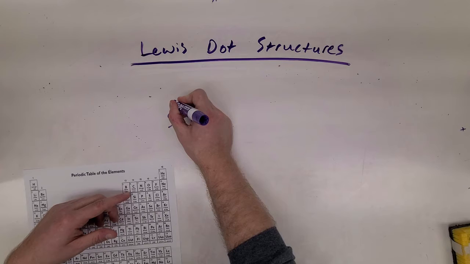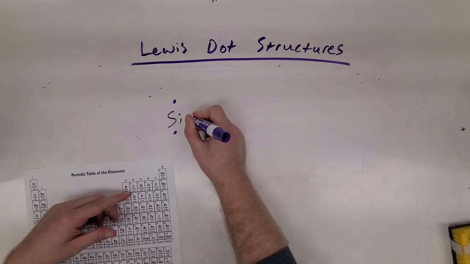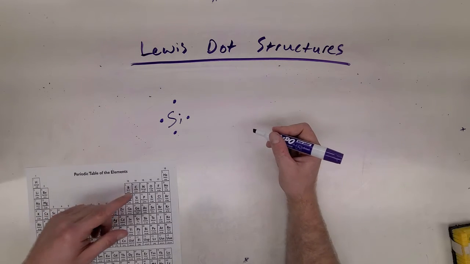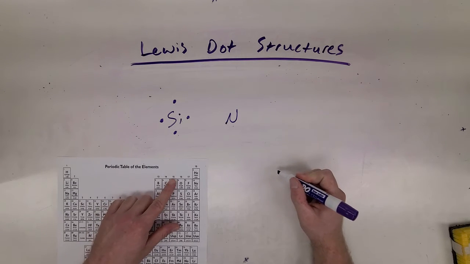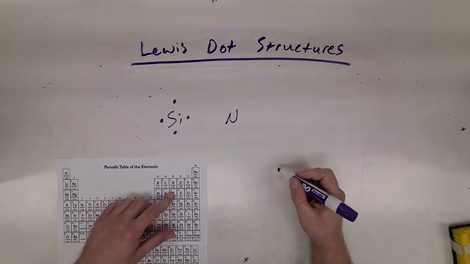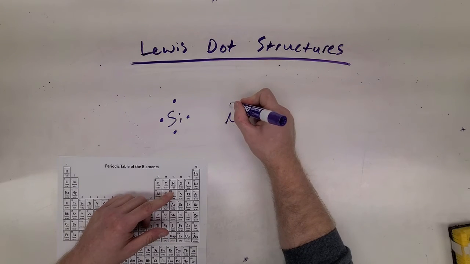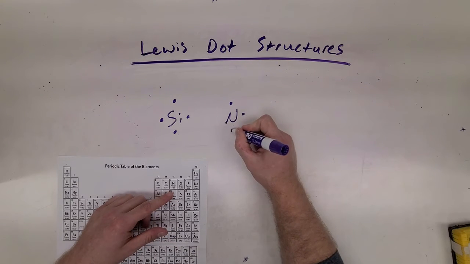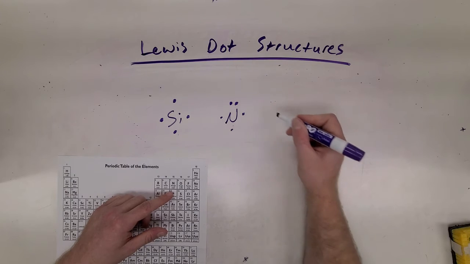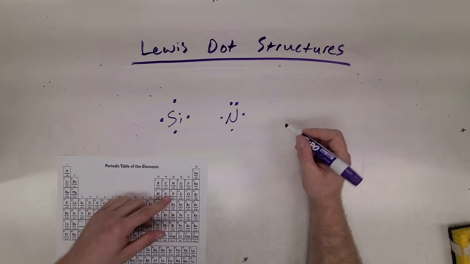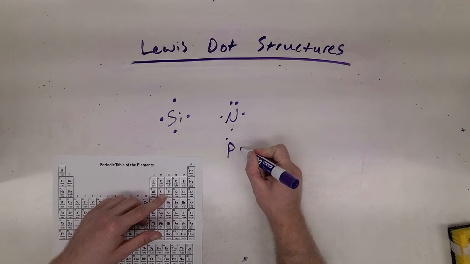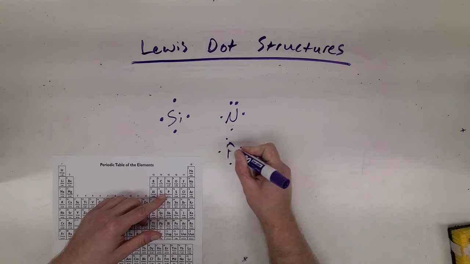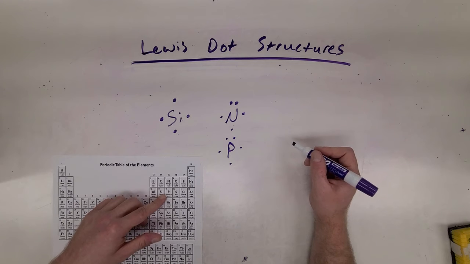So we would draw it like this. Nitrogen, which is 1 over in the 5th of these groups, has 5 valence electrons. And that goes the same for phosphorus, which also has 5 in its valence shell.